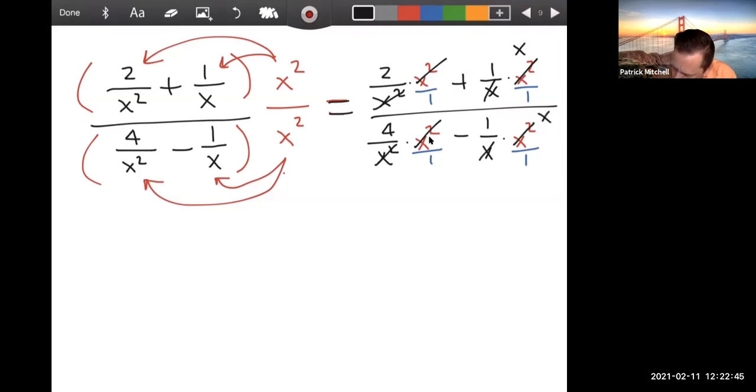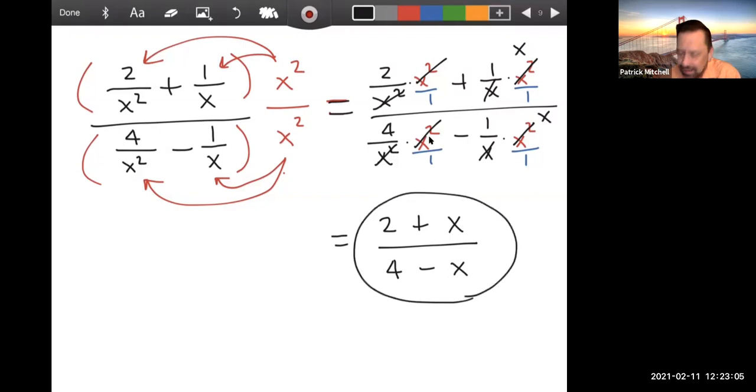So that is going to leave me with 2 plus x over 4 minus x, right? Can you simplify that? No, you can't. I would leave it just like that. All right. So method 2, yeah, we got that done in about 2 steps.